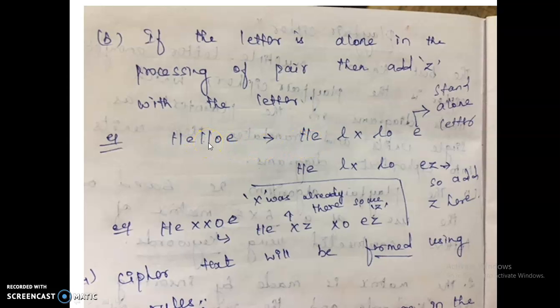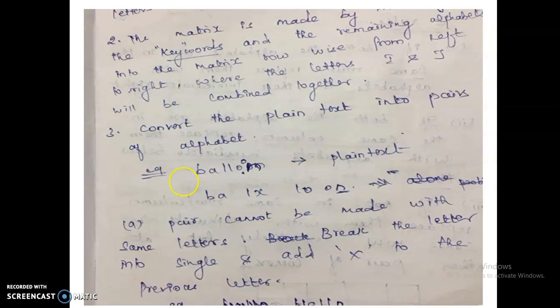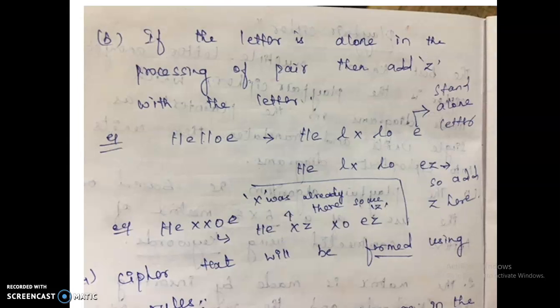You have to remember the rule, pairs cannot be made with the same letter. So L is placed here and then the X is placed, and then here LO and then E. The last letter is at an odd number, that is E only remains. So at that place you have to place the Z to make the letters into digrams. Okay.